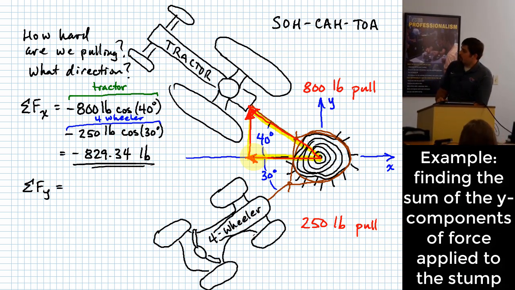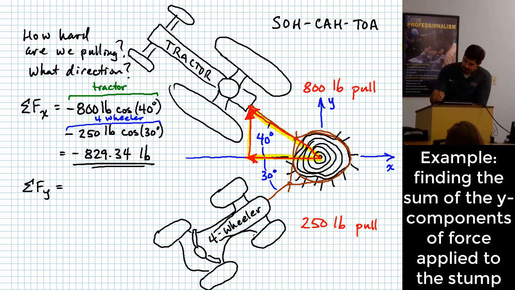Because you're finding that opposite side, you use which trig function? You use your sine function. So you take 800 pounds times the sine of 40 degrees.